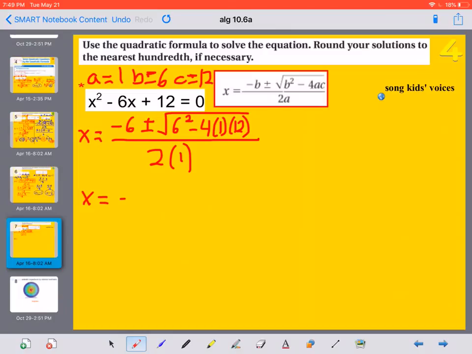So we get x equals negative 6 plus or minus the square root of 36. Negative 4 times 1 is 4, times 12 is negative 48. 2 times 1 is 2.